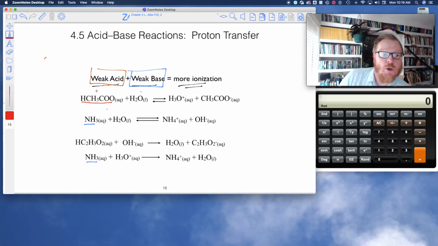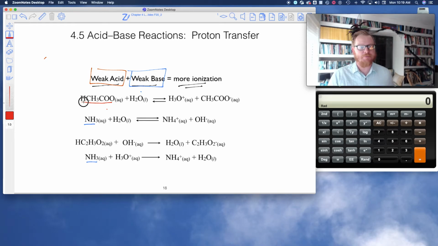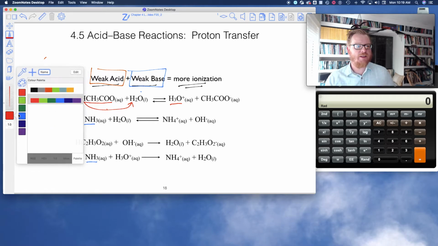The acetic acid, I know I wrote it down slightly different here, apologies, the proton goes to the water. An acid is a proton donor. So now my H3O plus is an acid. Now let's go back to the ammonia.